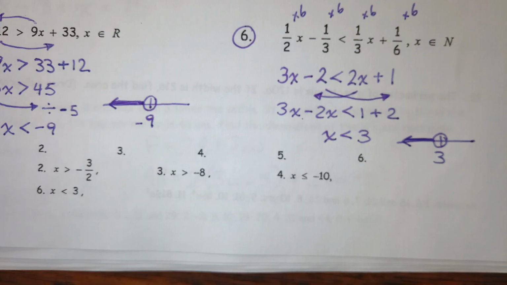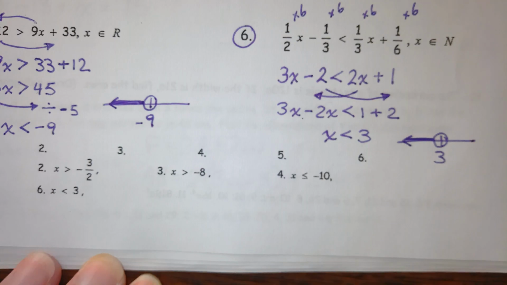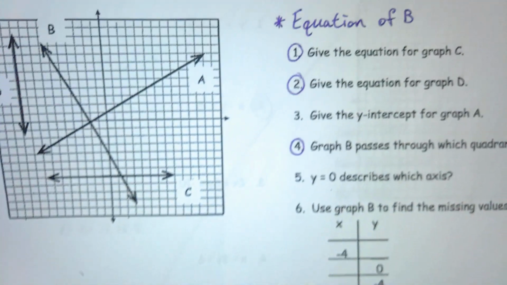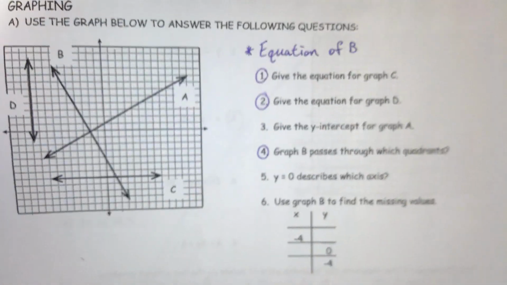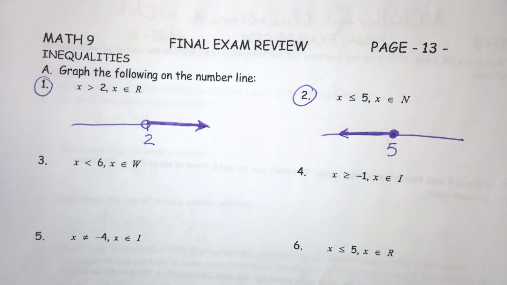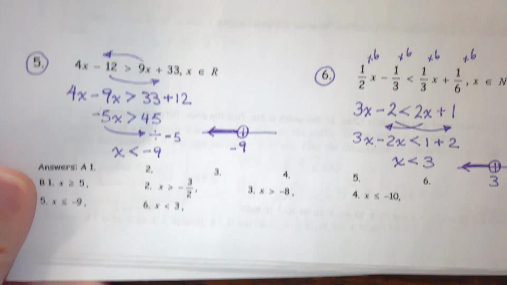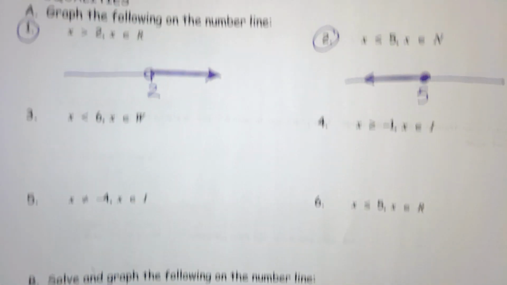Okay. Any questions so far? Okay. One last bit that I'm gonna do. How many variables do you see here? How many variables are there on all of these questions?